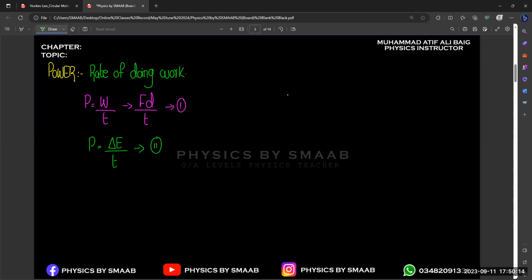So basically, we discussed that the concept of work and the concept of energy both have the same units and same concepts. So that's why we can also use the same rate of change of energy concept in this formula, right? Any confusion?